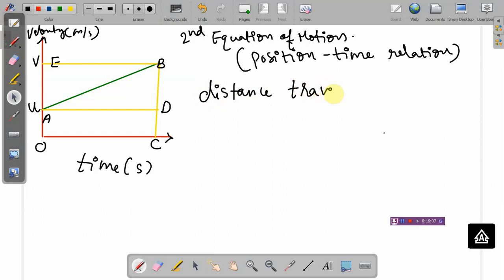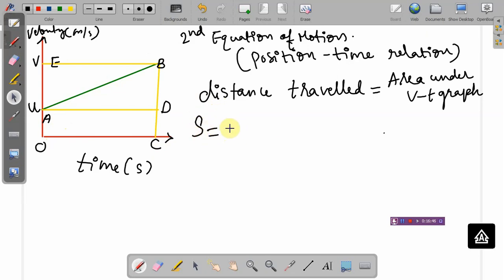Distance traveled is equal to, distance traveled by the object is equal to area under VT graph, right? So here I have a rectangle ADCO and a triangle ADB. So if I want to calculate the distance traveled I use the letter S, which will be equal to the sum of, I have to take the whole area, right? I have to take the whole area.